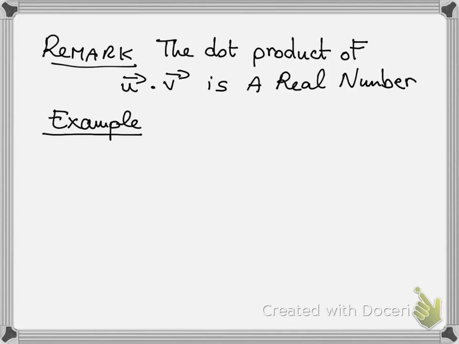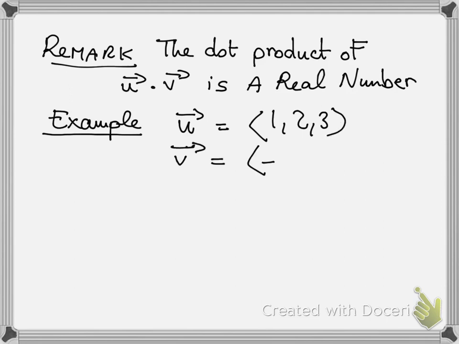For example, let's say u is equal to (1, 2, 3) and v is equal to (-1, -3, 4).